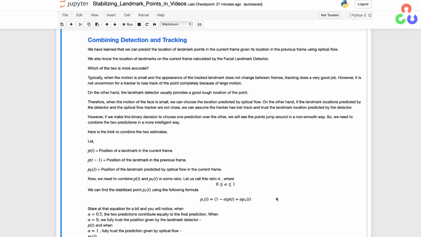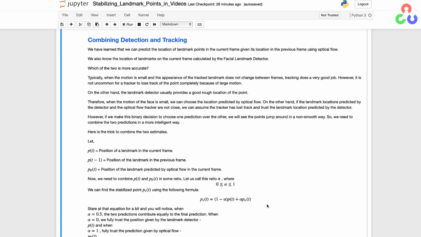So that's nice. Detection gives you a rough estimate and tracking gives you a very precise estimate. So we can use tracking when the motion is small, and we can switch over to detection when the motion is large, because detection will work even when the motion is large. It doesn't know, it starts from scratch.